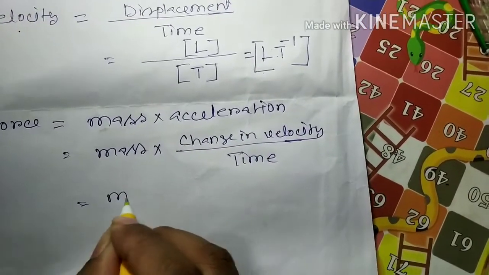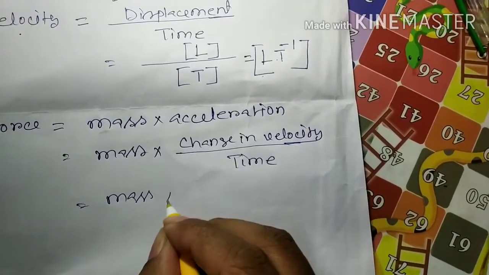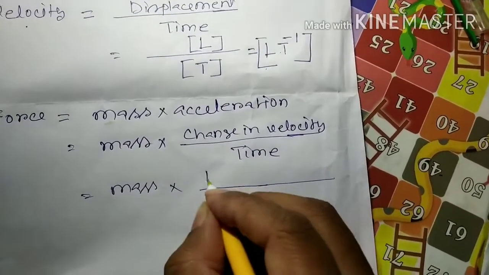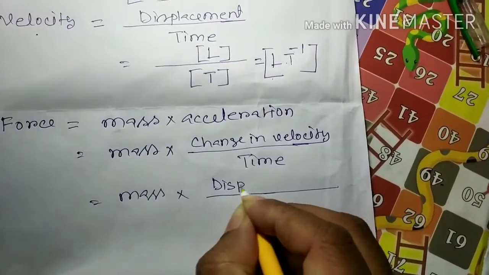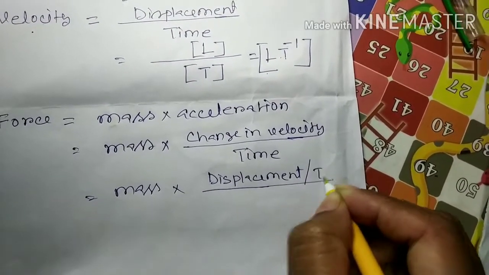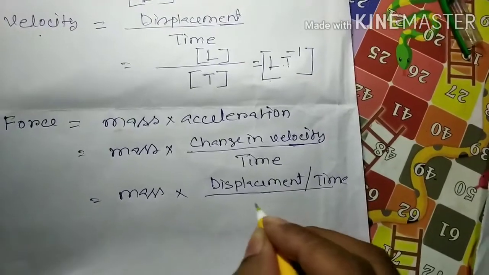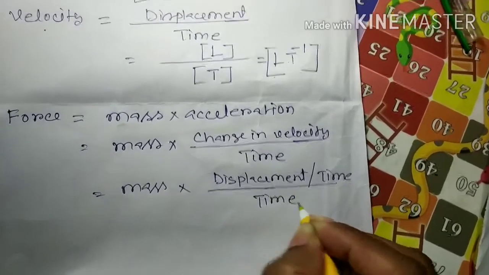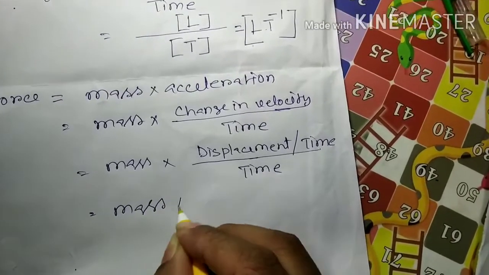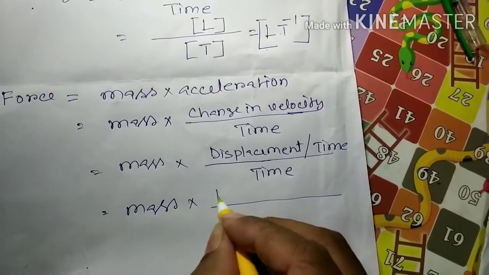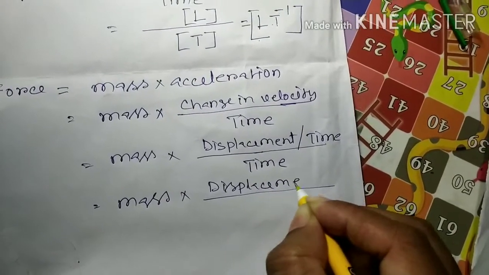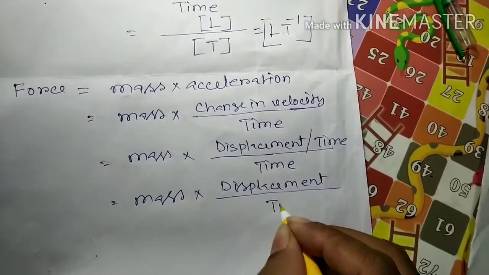Okay, now see, mass into velocity, its formula is displacement by time. Here is time. So if you write together, it will come mass into displacement by time squared.